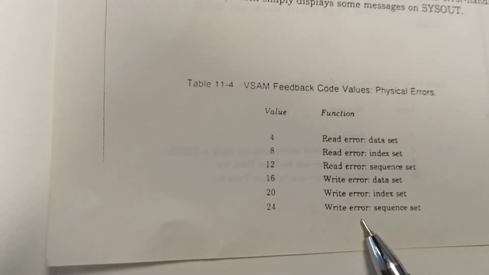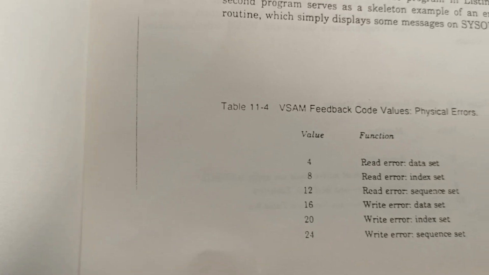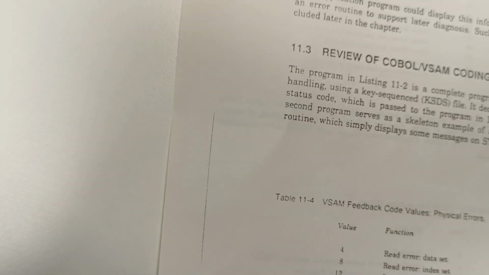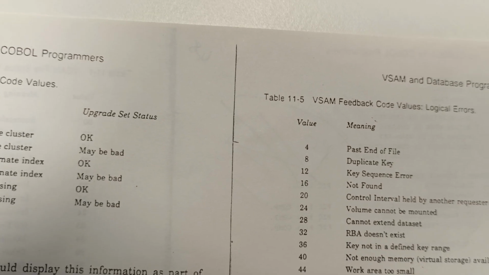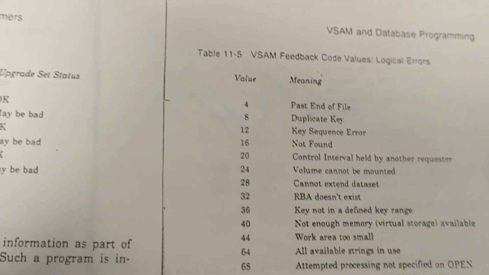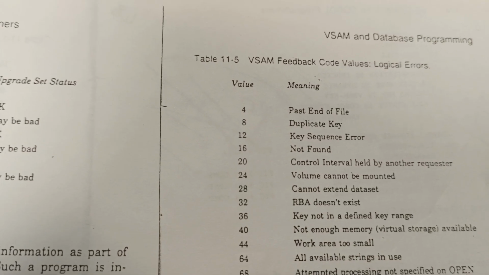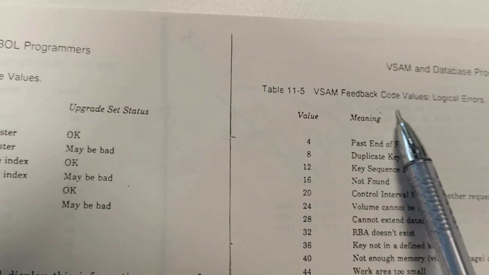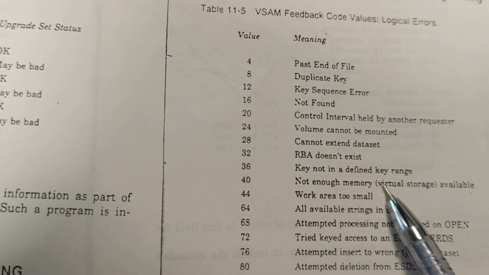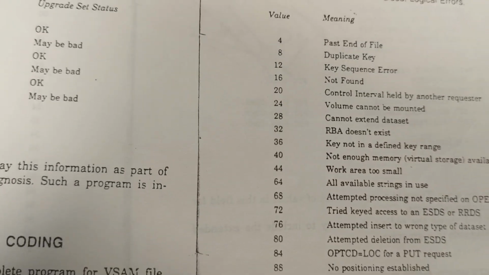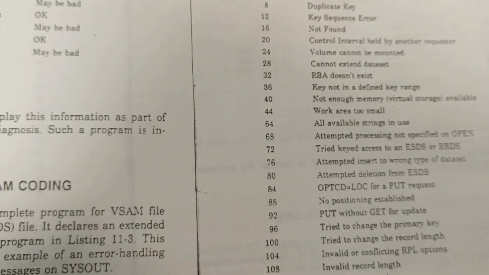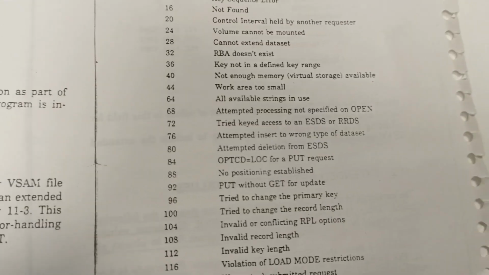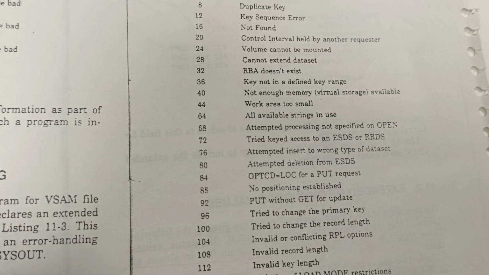In VSAM we have feedback codes. Here is an overview, where I mention all types of feedback codes. Please go through these feedback codes. I am placing the position in the camera and the return codes.